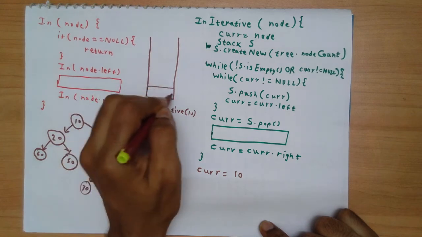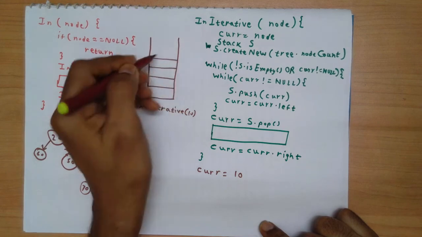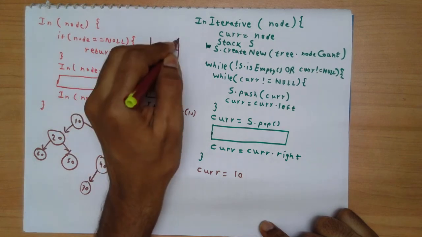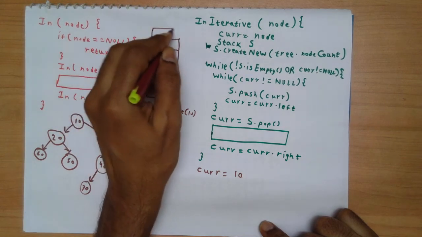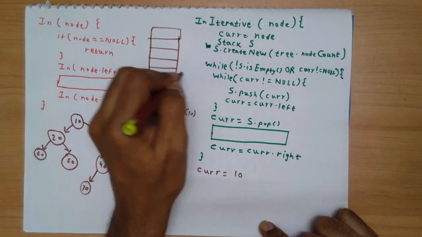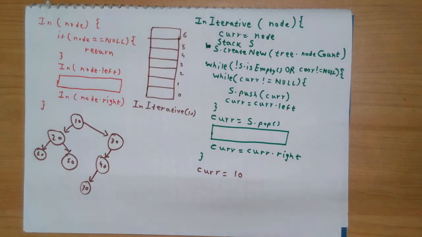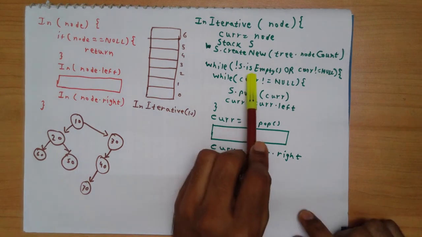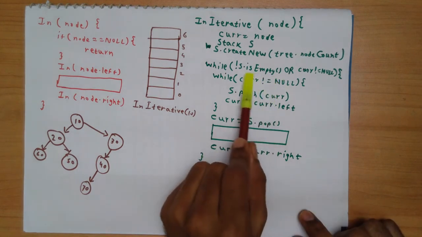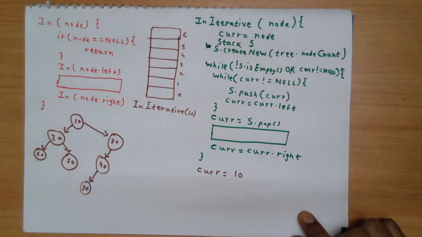Okay, 1 2 3 4 5 6, and I need one more, which is 7, indexed from 0 1 2 3 4 5 6. And now I'm going to ask the question, is my stack empty? Yes, my stack is empty.